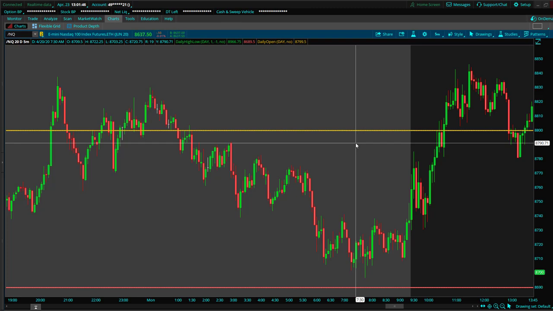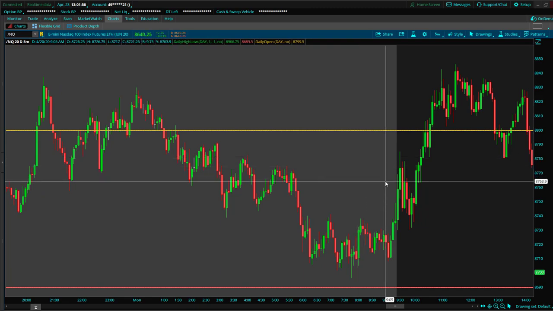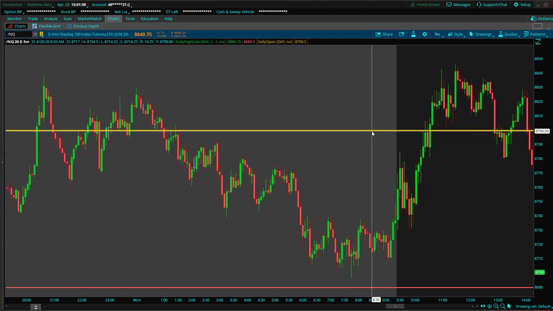And when that has been decided, then we start looking at the next zone, which would be open range. Here's a great example of that. The yellow line that you see is Globex open. I use that just to see where the market closed.